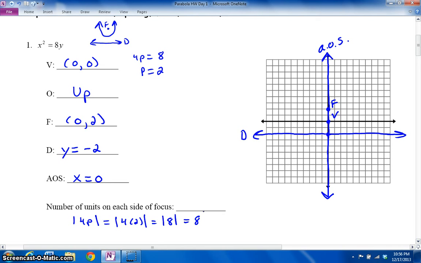Number 1 asks for the number of units on each side of the focus. So the focus is in between each opening or each side of the parabola. So we simply divide the 8 by 2, and we'll go 4 units to the right of the focus and 4 units to the left.